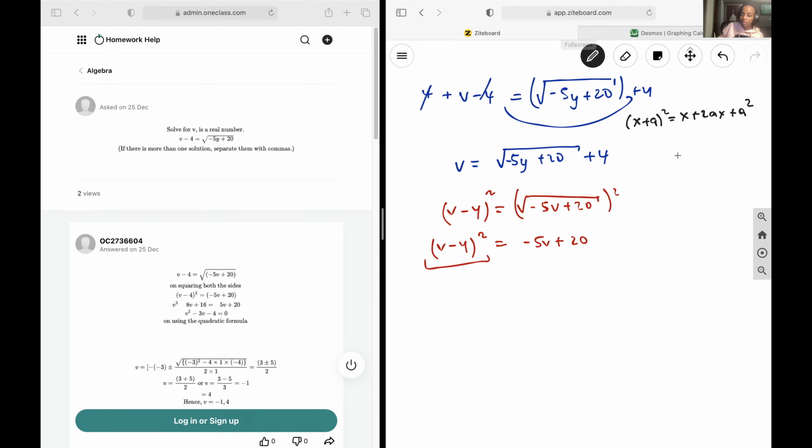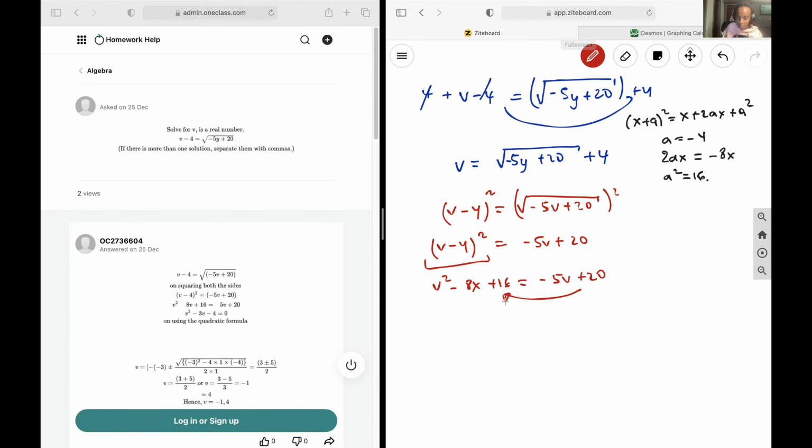So in the scenario that a is equal to negative 4, 2ax is going to give us negative 8x, and a squared is going to give us 16. So let's just write that all out, and we get v squared minus 8v plus 16 is equal to negative 5v plus 20.